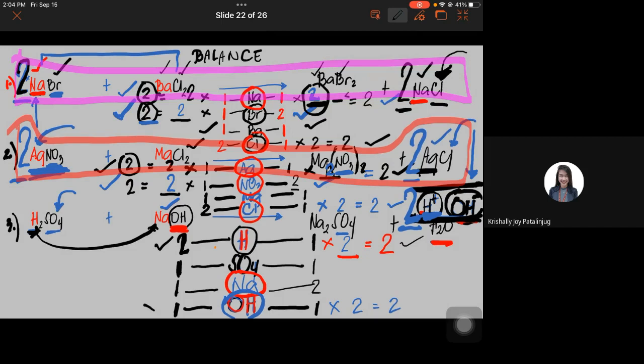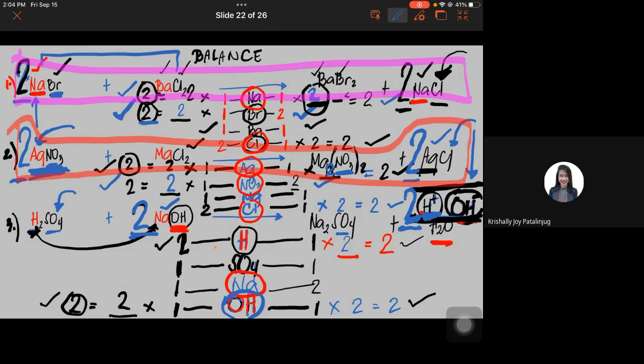Multiply 2 on the reactant side to make it also equivalent to 2. So where is hydroxide on the reactant? Part of sodium hydroxide. So you write coefficient 2 before sodium hydroxide because that's the compound where hydroxide can be observed. That is the element that we balanced.